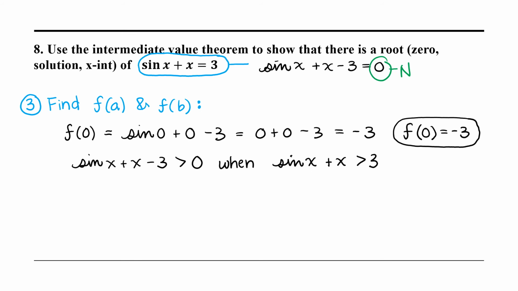So we're trying to add sine of x and x together and get a number that's greater than 3. And a good place to start is just by trying to find where sine of x and x are both positive. Because if they're both positive, we're at least heading in the right direction and there's a smaller range of values to guess. Well, x is positive when x is positive, so that's not too bad. But let's look at the sine of x.